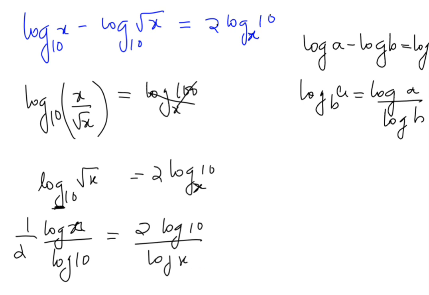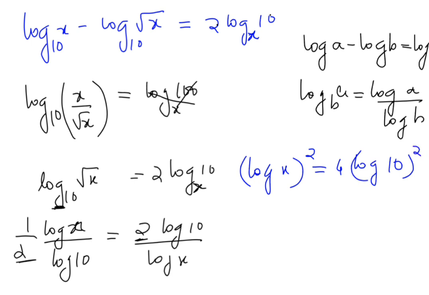Cross multiplying, I'll take the 2 on this side, so this 2 and 2 gets multiplied. Okay, so here I have log x the whole square equals to 4 log 10 the whole square.